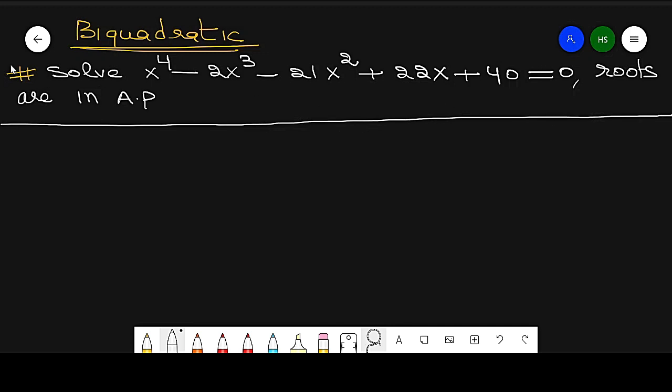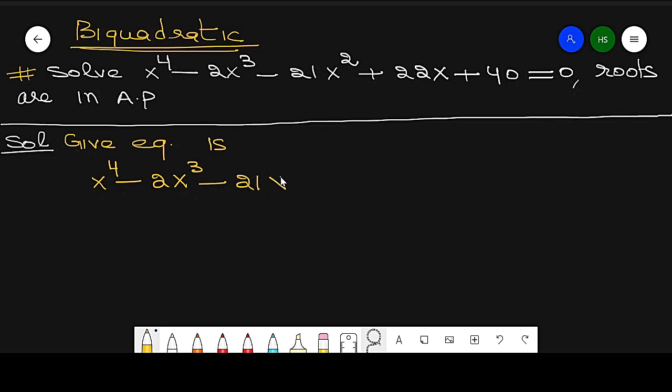Remember that. It is the same as in the case of the quadratic equation. Now the solution. The given equation is x raised to power 4 minus 2x raised to power 3 minus 21x raised to power 2 plus 22x plus 40 equal to 0. This is equation number 1.